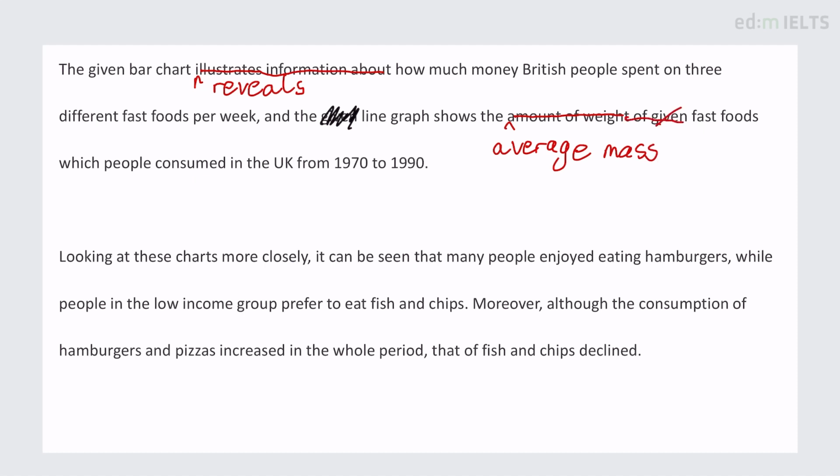We've got a third given. The average mass of each of the fast foods. And by that I mean each of the 3 fast foods mentioned before. Or each of these fast foods would be fine.